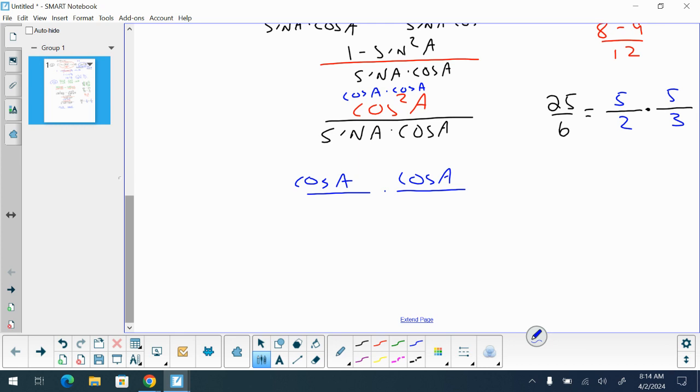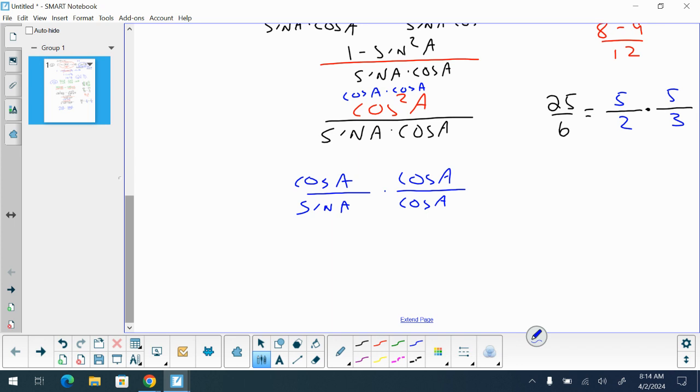Over here, we had 6. So we went 2 times 3. Why did we go 2 times 3? Because 2 times 3 was equal to 6. So here I got sine A times cosine A. So what can I put in each one of the bottom? Sine and cosine. Just like we did over there.